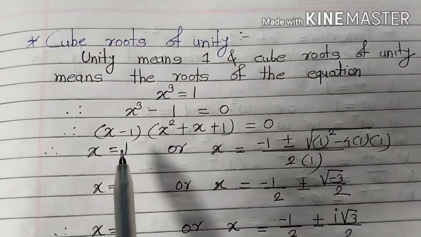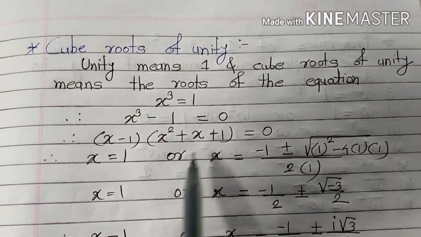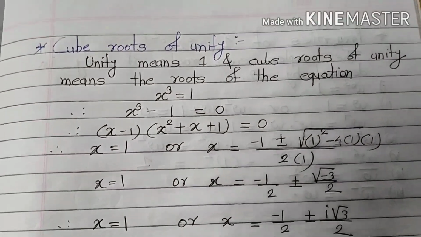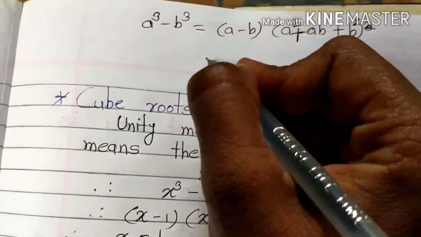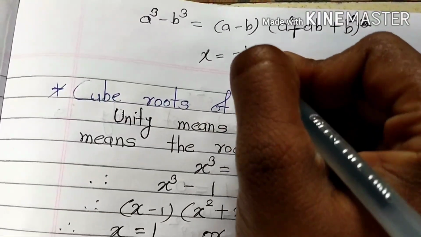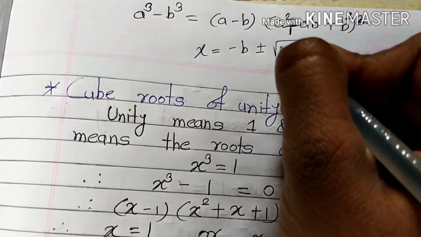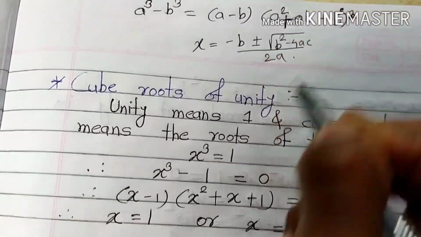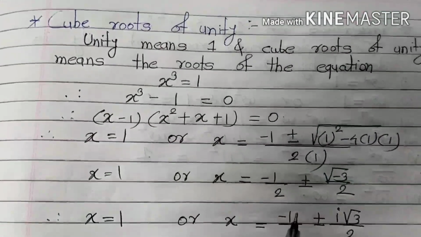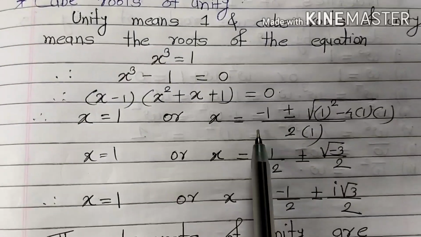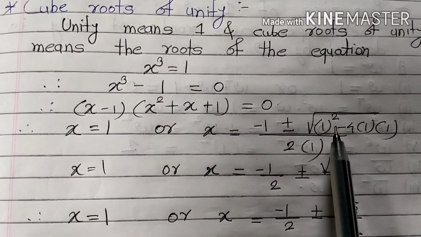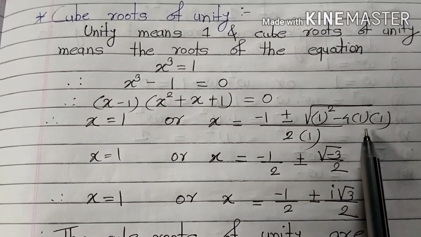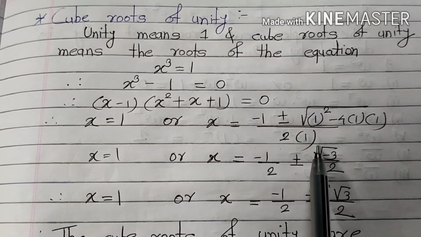Now x minus 1 equal to 0 and x square plus x plus 1 equal to 0. So the roots: x equal to 1, and here is a formula: x is equal to minus b plus minus under root of b square minus 4ac upon 2a. Using this formula we can write minus 1 plus minus under root of 1 square minus 4 into 1 upon 2 into 1.